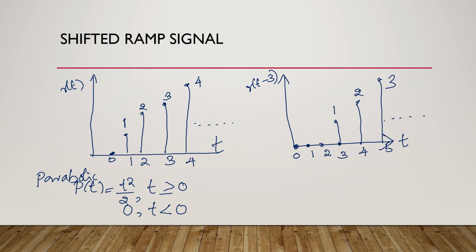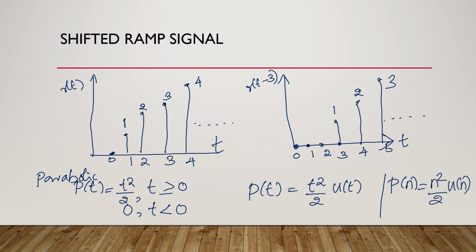This is also written as p of t equal to t square by 2 times the step signal, since the step signal is 1 for t greater than or equal to 0 and 0 for t less than 0. Similarly, in discrete time you can write p of n is equal to n square by 2 u of n.